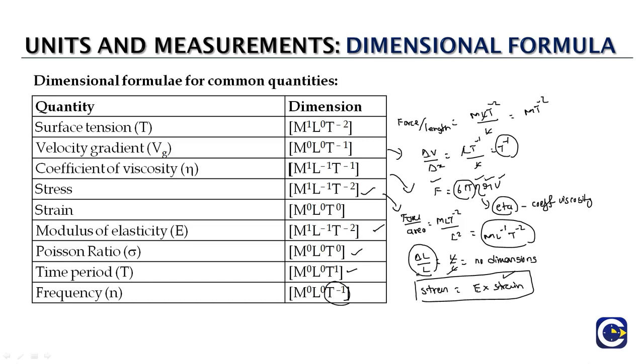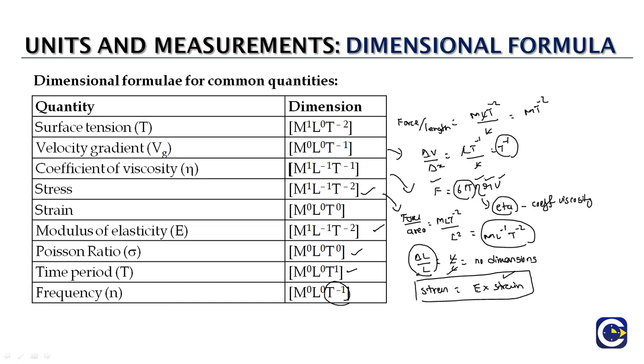Now, though we study this topic at probably the beginning of the 11th standard, this is actually a continuous topic. If we go to any subsequent chapter, we are definitely going to encounter a new physical quantity, and there we must apply the idea of finding the dimensional formula to know the dimensional formula for any new quantity that we are going to study.